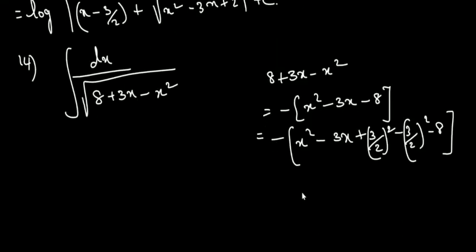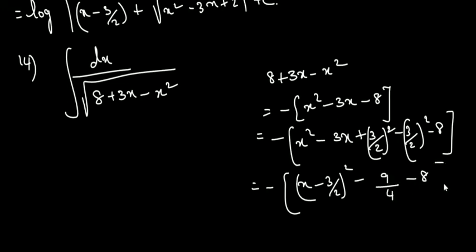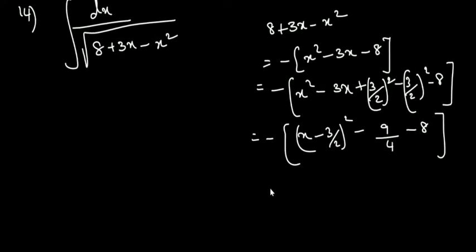So that is equal to minus x minus 3 by 2 the whole square minus 9 by 4 minus 8. So it is equal to minus x minus 3 by 2 the whole square to minus 41 by 4.